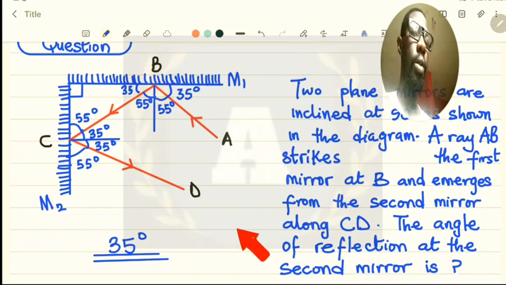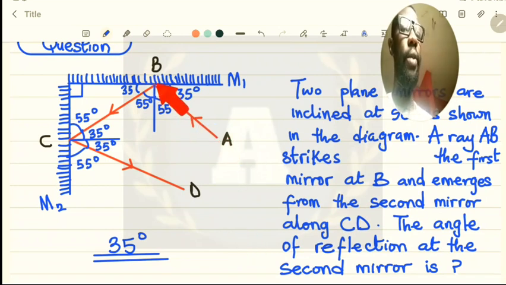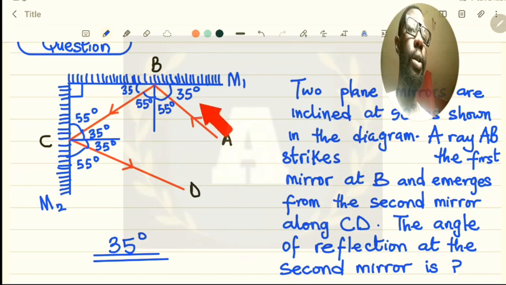So you can look at that again. The ray of light strikes, the glancing angle is 35 degrees, therefore the incidence ray will be 55. The reflected ray is 55 here. Now the reflected ray becomes the incident ray on this second mirror.